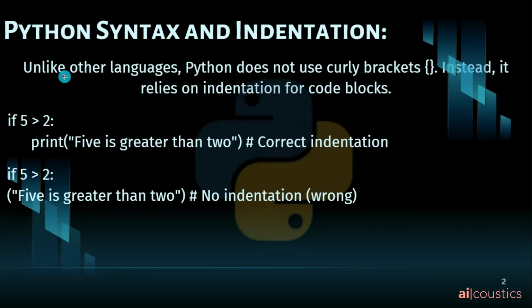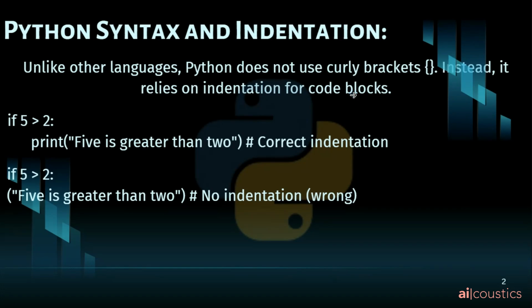In many programming languages like C, C++, and Java, curly brackets are used to define the code blocks. However, Python does not use curly brackets. Instead, it relies on indentation for code blocks.